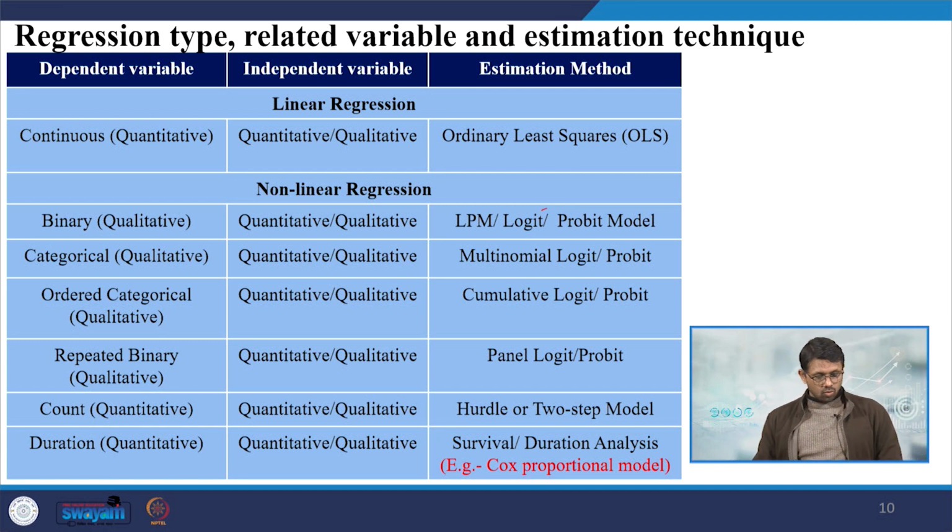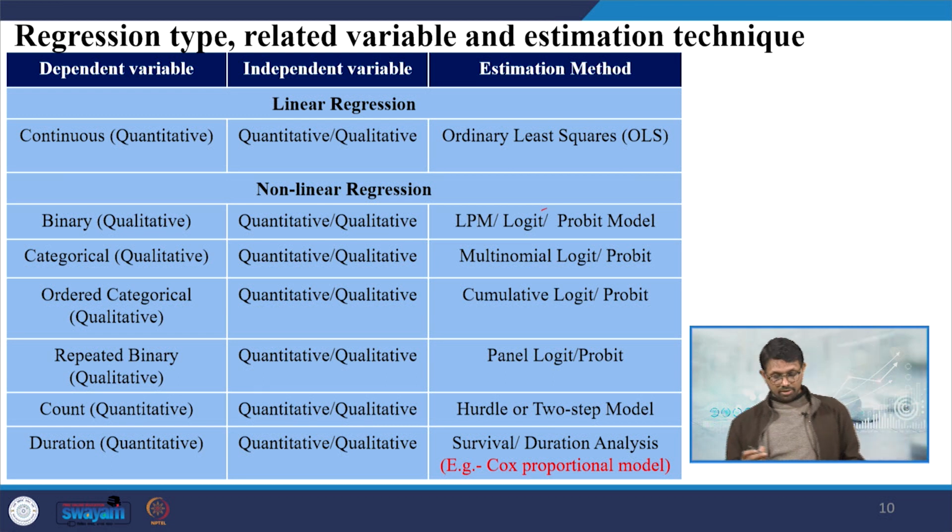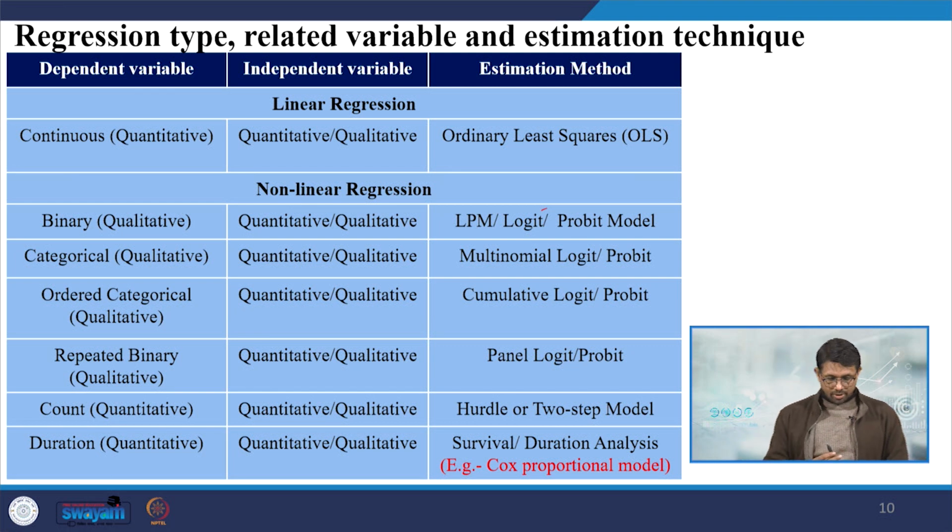Then in case of categorical, that is a qualitative variable, we usually suggest applying multinomial logit or probit, and some other interpretation of logit and probit through logistic regression models also. Wherever some aspects of marginal effect are important, you may follow from our paper. We have a number of papers in this direction. Ordered case, cumulative logit and probit. When repeated binary is there, we suggest following panel logit or probit.